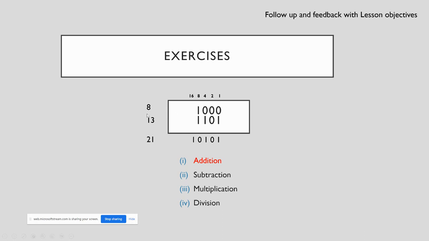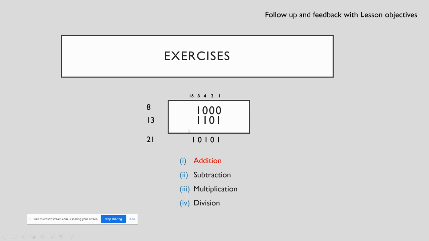So here we have 8 plus 13, which we know is 21. 8 is 1, 0, 0, 0, because 8 is 8. 13 is less than 16 but more than 8, so 1 under 8. 13 minus 8, we have 5 left. 5 is going to be 4 and 1. I don't need the 2 because it would give me 6, so that is 0. And if we add them, we get 21, which is 1, 0, 1, 0, 1.